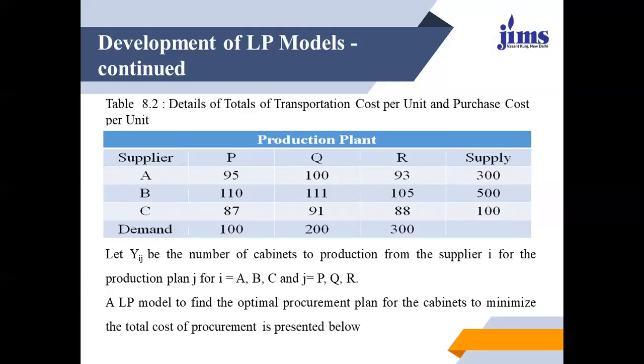Similarly, when some quantity from supplier A to production plant Q is supplied, we call it YAQ. Quantity supplied from supplier A to production plant R is called YAR. Then what is the cost incurred? 95 YAP plus 100 YAQ plus 93 YAR.